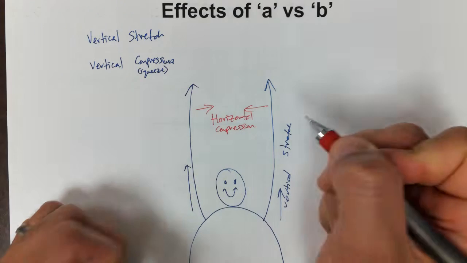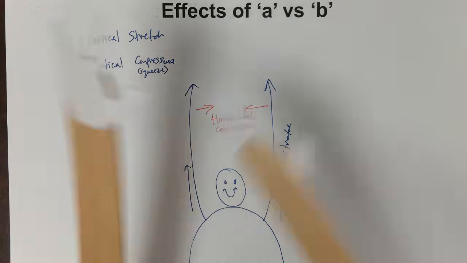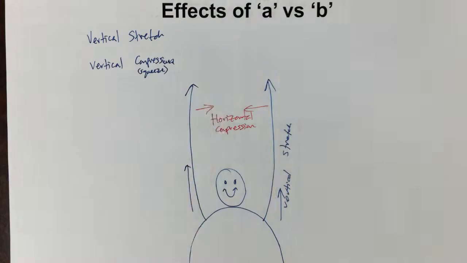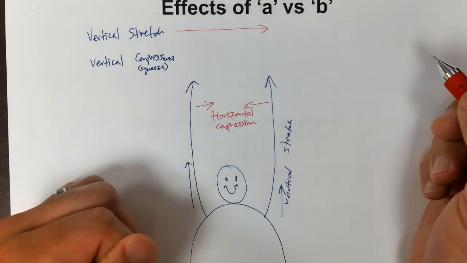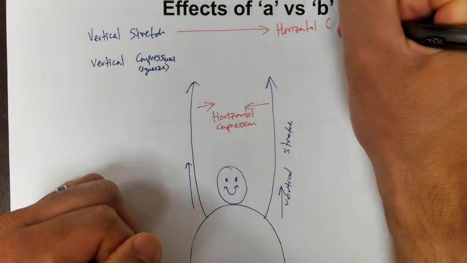And I recommend you try it right now, right? Stretch your hands up. What happens to your hands as they come there, right? Your hands start getting closer and closer together. So a vertical stretch will visually be similar to seeing a horizontal compression.